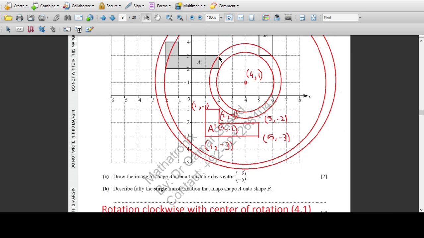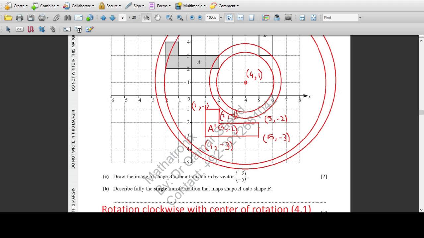So we have placed this point A here, which is 5 comma minus 2, because this is 5 and this is minus 2. So this coordinate is 5 comma minus 2, and this point is 5 comma minus 3, and this is 1 comma minus 3, and this is 1 comma minus 1.